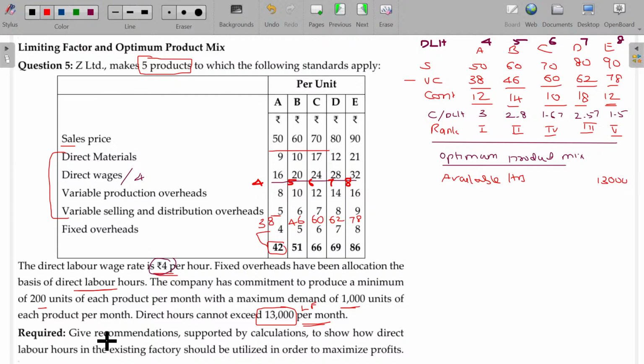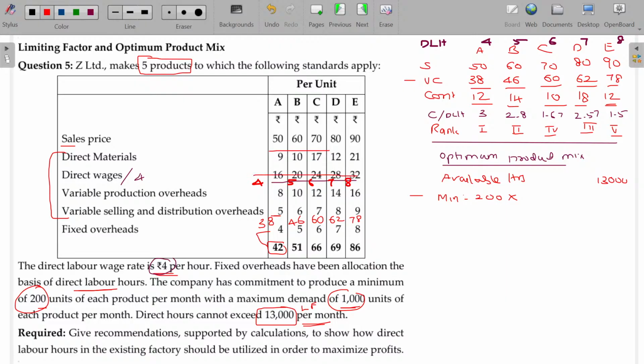In this illustration, we have been given minimum and maximum. So, from this, it is very clear. At any cost, you have to manufacture the minimum requirement. So, we'll finish up that first of all. Minus minimum to be manufactured. Minimum. How many units of A, B, C, D are manufactured? 200 units of A, B, C, D, E.